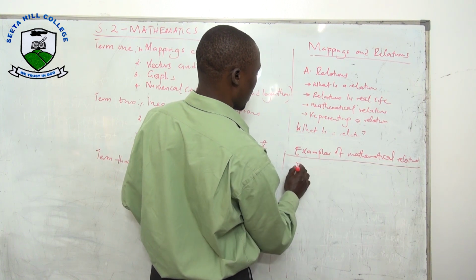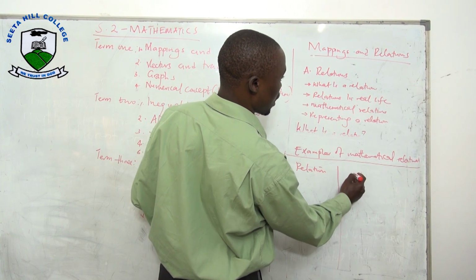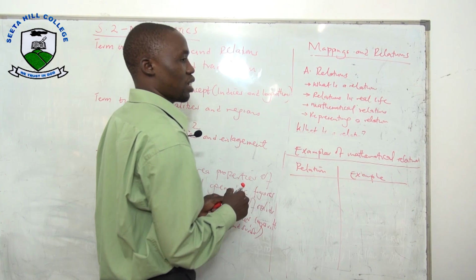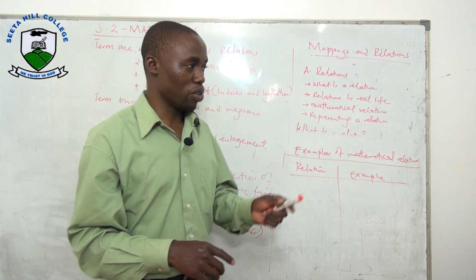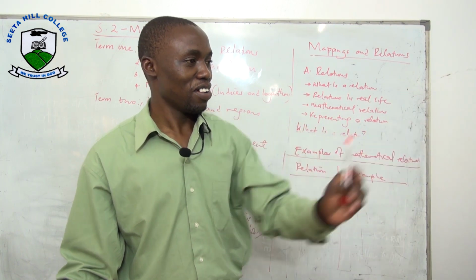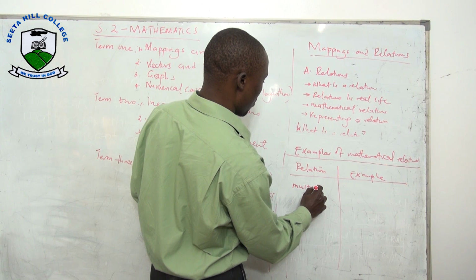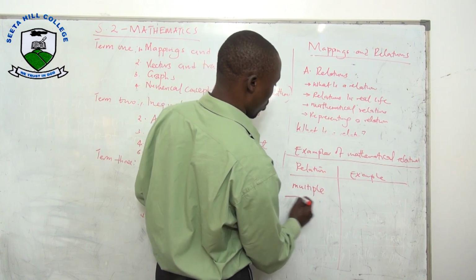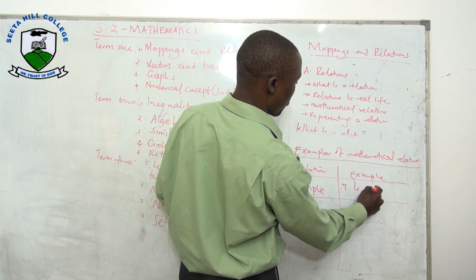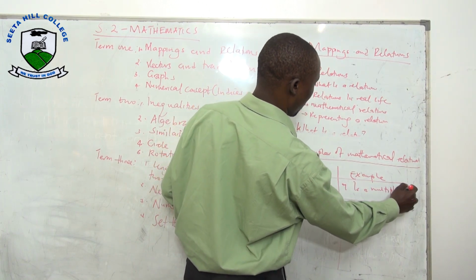Relation, then the example. You tell us what statement is going to link, then you mention an example, yes? Something can be a multiple of the other, like mention who is who. 9 is a multiple of 3. That's very great.